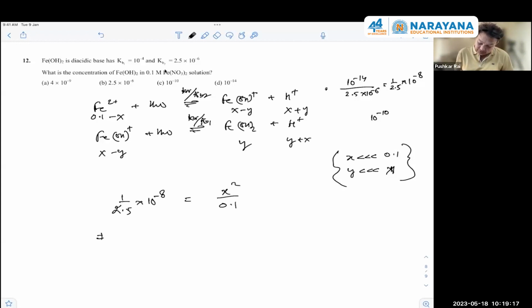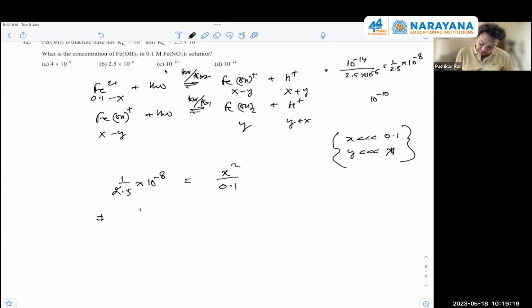So that means 1 upon 2.5 into 10 to the power minus 9 is equal to x square multiplied by 10 divided by 10. So 10 upon 2.5, that means 4 into 10 to the power minus 10 is equal to x square. X is equal to 2 into 10 to the power minus 5.